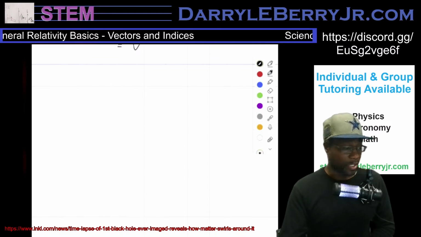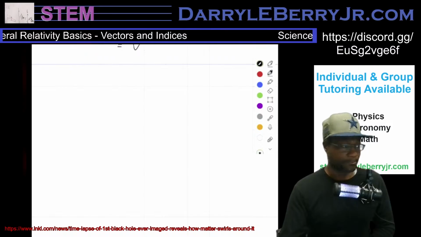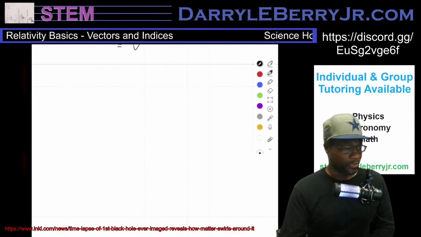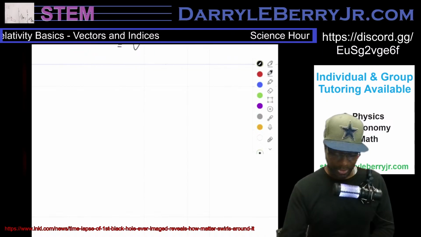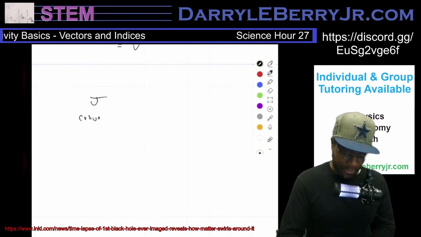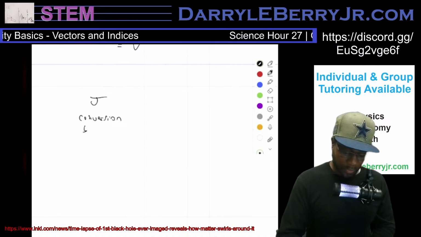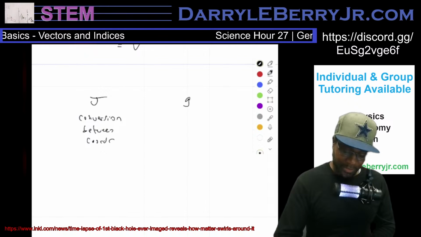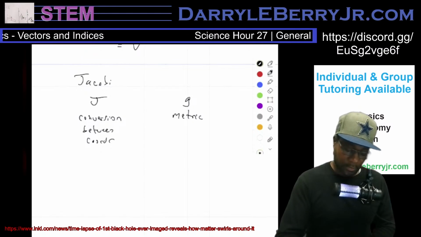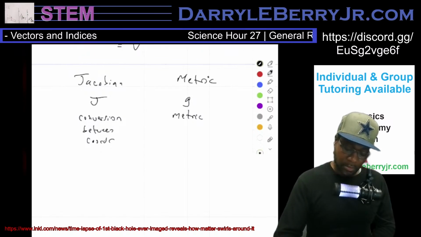So now what we're going to do is actually let me skip that aside. That was just one aside. Now let's go ahead and do the actual conversion. There are 2 things that happen here. We have the Jacobian, which is a conversion between coordinates, and we have the metric.